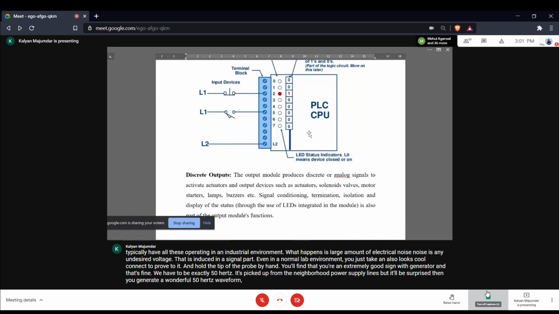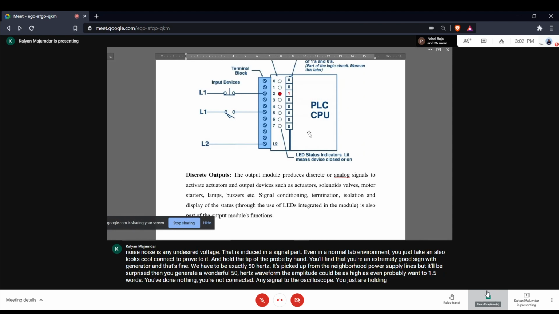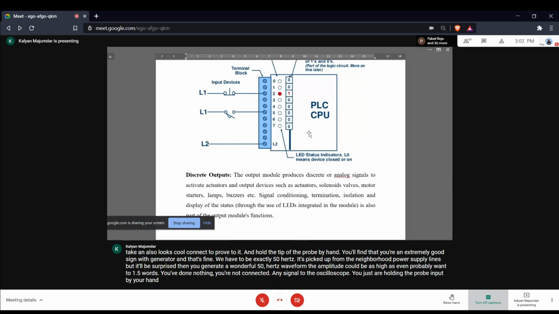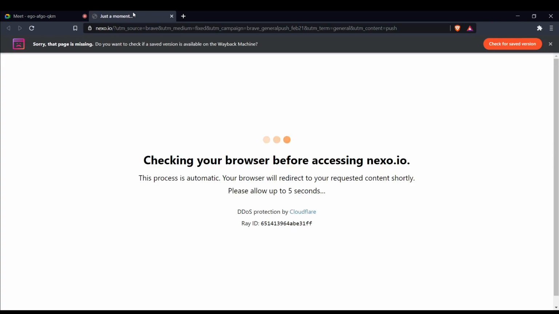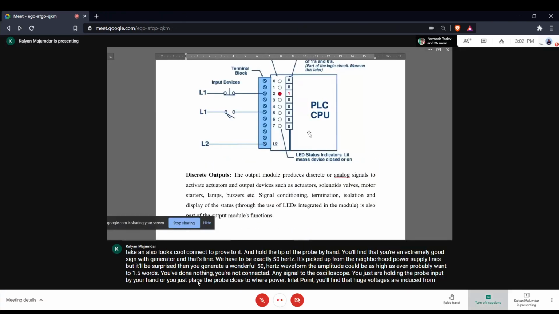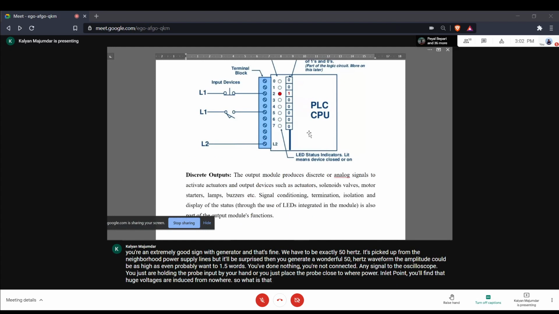The amplitude could be as high as probably 1 to 1.5 volts. You've not connected any signal to the oscilloscope. You just place the probe close to a power inlet point, and you'll find that huge voltages are induced from nowhere. You have not applied any voltage, but still you have unwanted voltages at the input of the oscilloscope. So that is noise, any undesired voltage in the signal path.